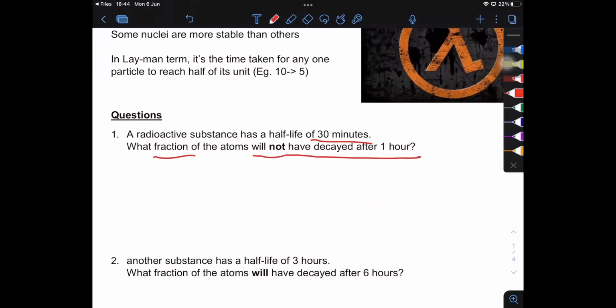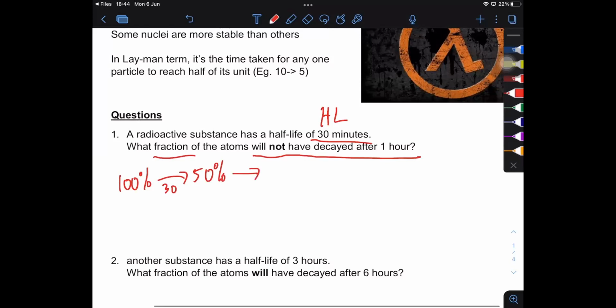If the question starts off like this, I don't know how much is the count per minute, but I know for a fact that it's definitely going to start off with 100%. And if the half-life is 30 minutes, after 30 minutes it will be left with 50%. After another 30 minutes, which is essentially 1 hour, it will be left with only 25%.